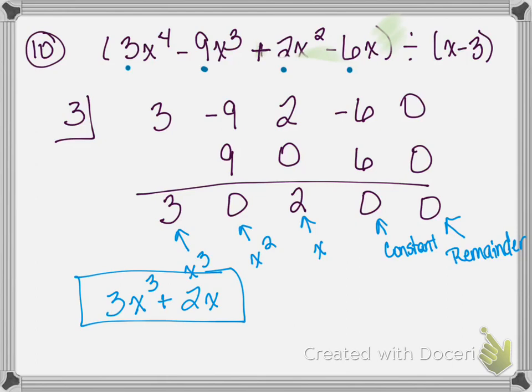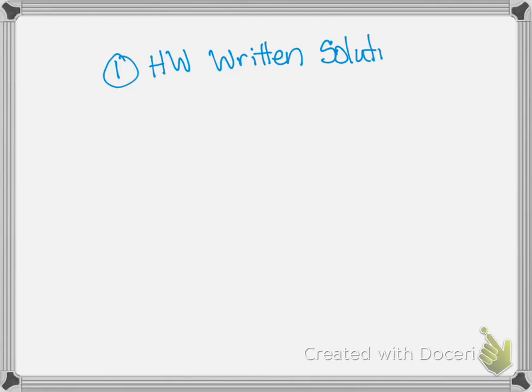Now, I want to spend just a couple minutes talking about how to study for this, and you've got all sorts of resources that you can use. Okay, number 1, I'm posting the homework solutions right now, the homework written solutions. Those are ways for you to check your homework and to see where your mistakes might be.